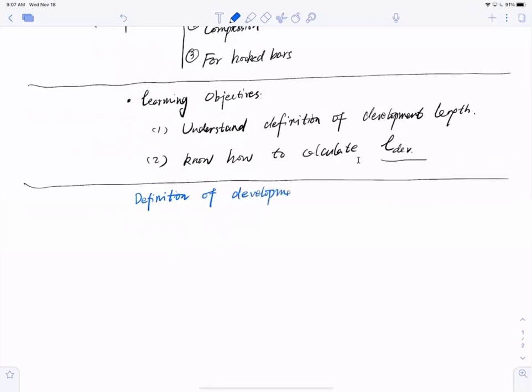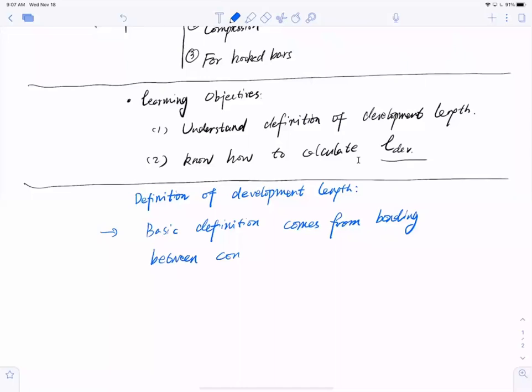The basic definition of development length comes from the bonding between concrete and steel.